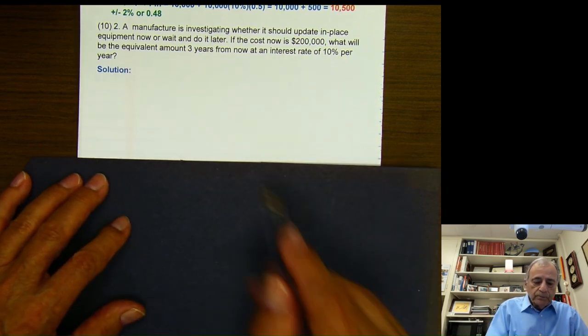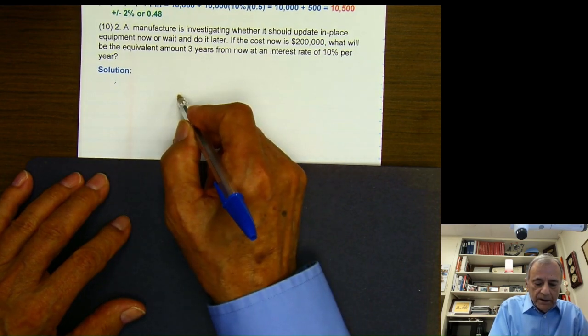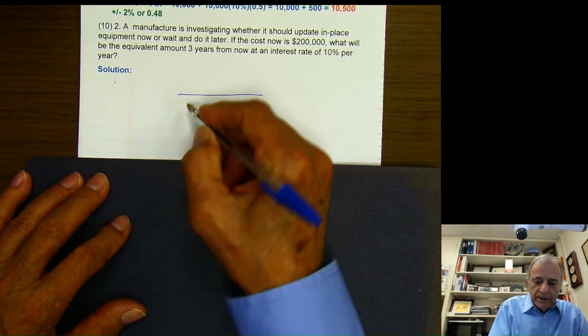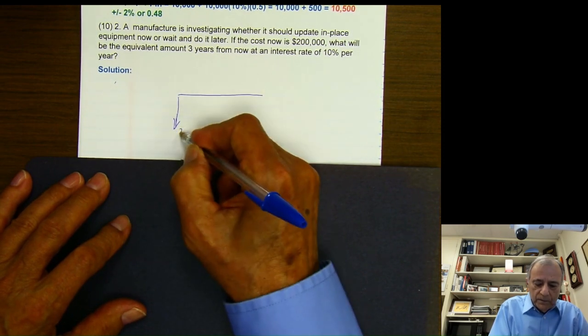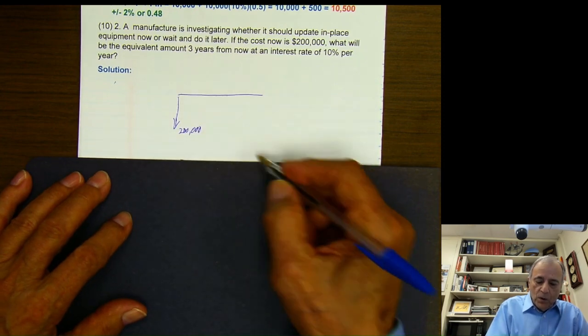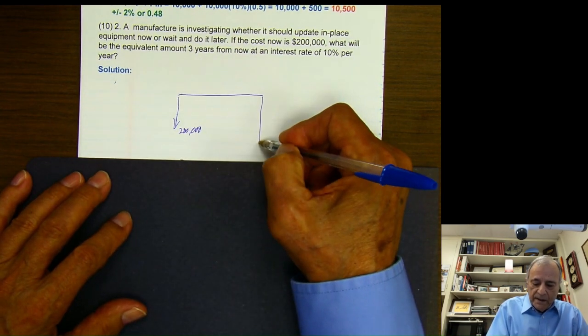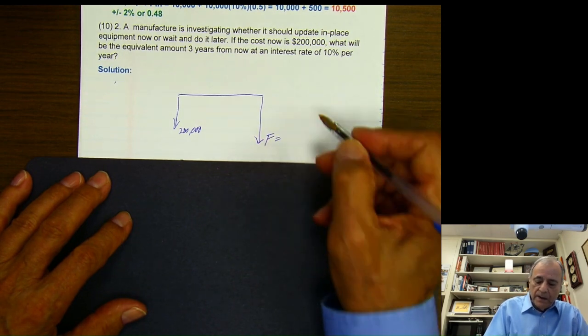So we're given basically, we could either spend $200,000 now, or we can wait and spend some future value.